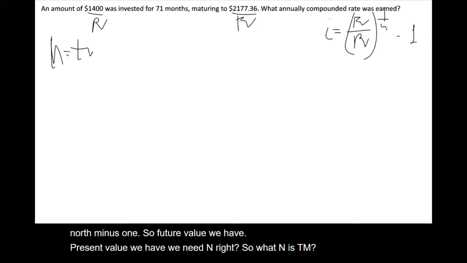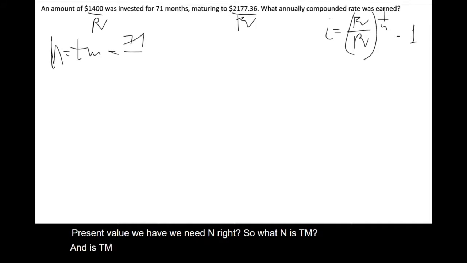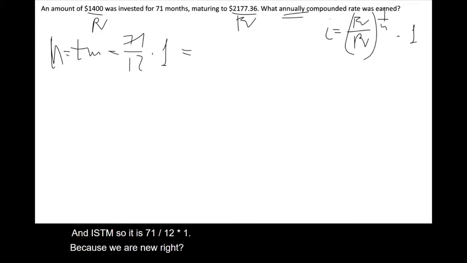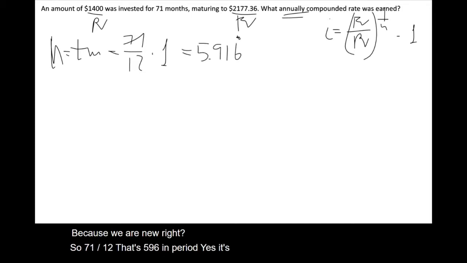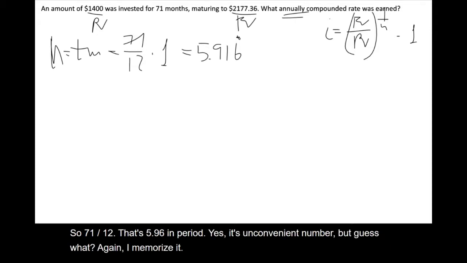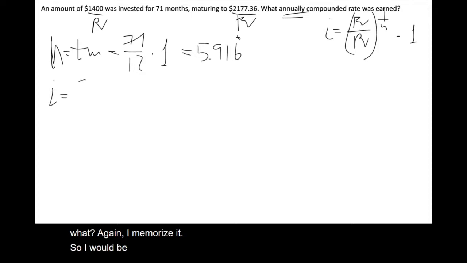N is Tm, so it is 71 over 12 times 1, because we are annual, right? So 71 over 12, that's 5.916 in period. Yes, it's an inconvenient number, but guess what? Again, I memorize it.